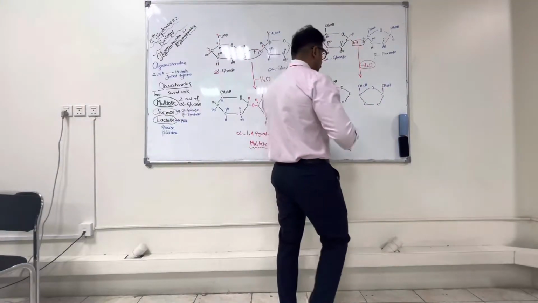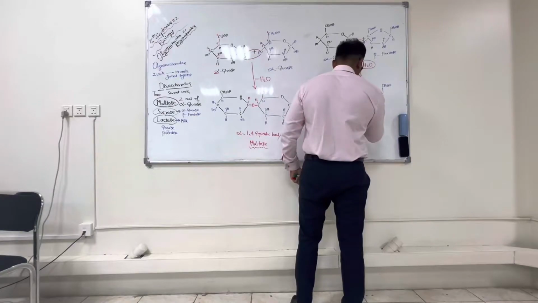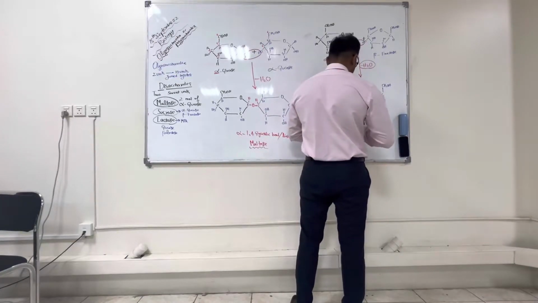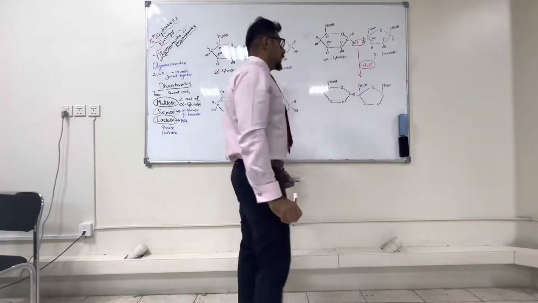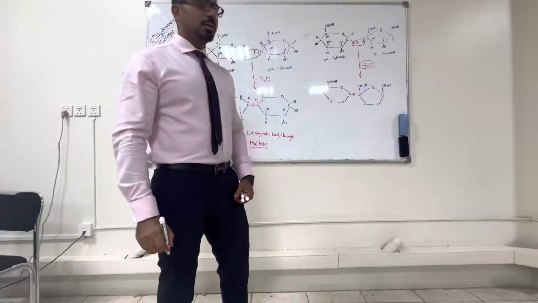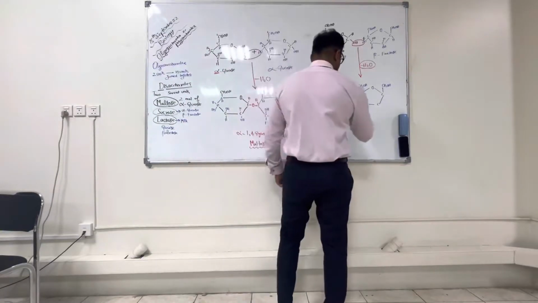Now I join them together with, let me use some other color, red one. Join together. Alright? Now let's complete the valencies.